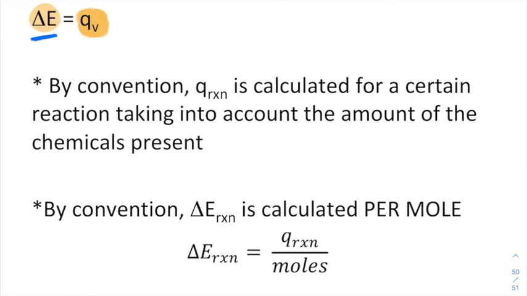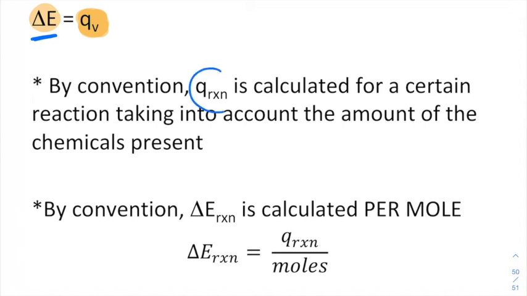And so by convention, we have Q of reaction. It is calculated for a reaction based on how much of your reactant there is. So when we're calculating Q, we're saying how much heat for whatever you put in there. So if you put in, say, 5 grams, you have twice as much heat generated as if you put in 2.5.